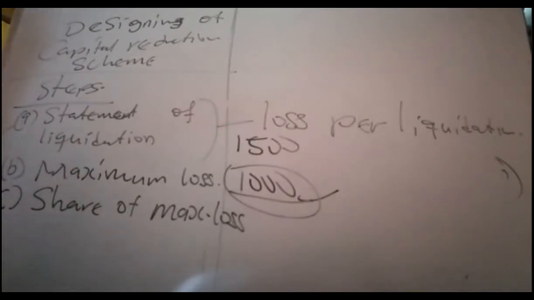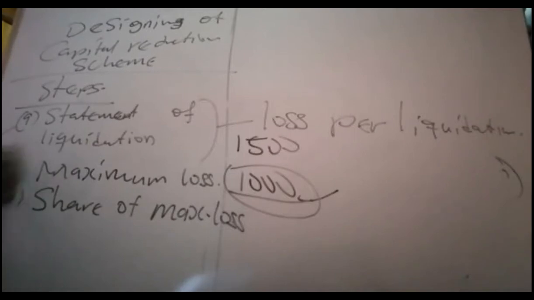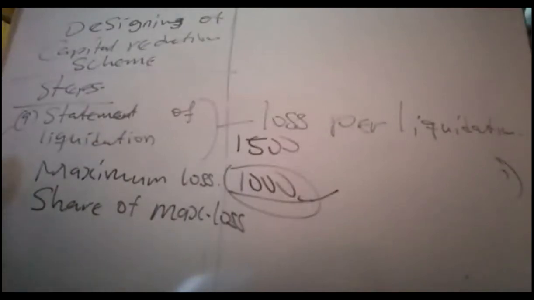But please, for the sharing, we have principles that guide the sharing of the maximum loss. So the maximum loss determined in step 2 must be shared in step 3.